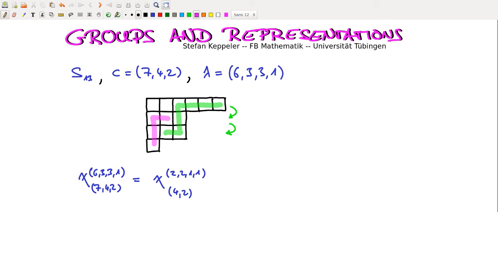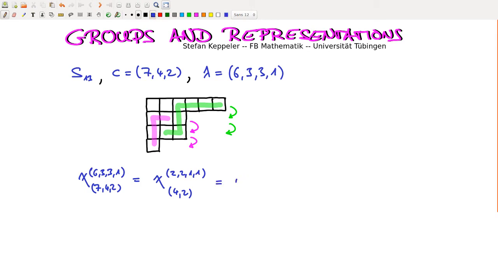What's left is just this 2-box diagram on top, and this is once more 2 vertical steps, so it's once more an even skew hook.